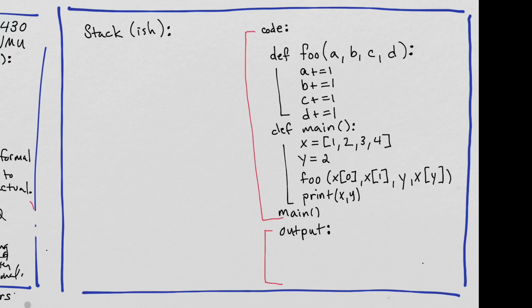And we're going to set some implementations here. So a is going to be pass by value, b is going to be pass by copy, c is going to be pass by reference, and finally d is going to be pass by name.